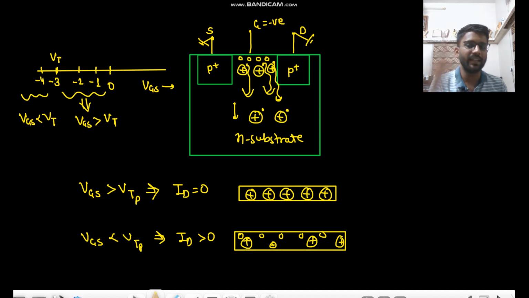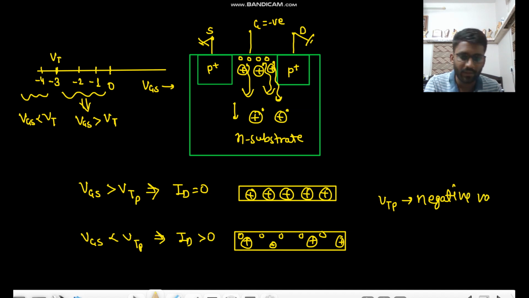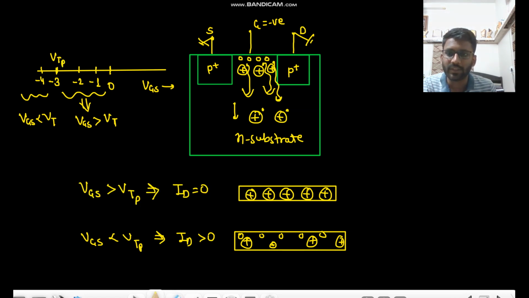If VGS means, so what you can understand here is that VTP is a negative value, right? I should write this is VTP.